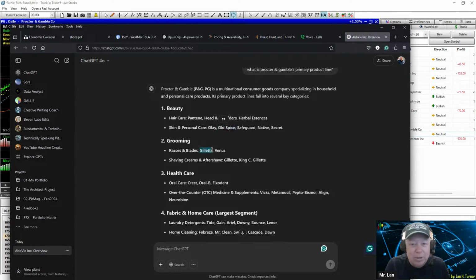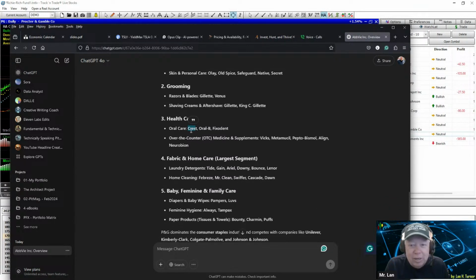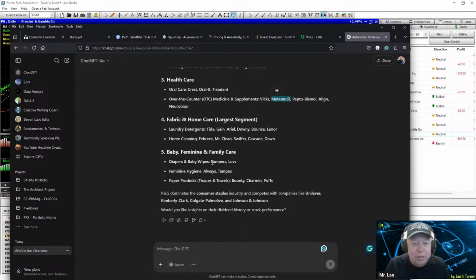Did you know that Procter and Gamble is Gillette? Shaving creams, Gillette, Healthcare, Oral Care, Oral-B, Fixodent, Crest. Now I know Crest is made in the U.S. Over-the-counter medicines and supplies like Vicks, Metamucil, Pepto-Bismol, Align, and I know you guys, you're all drinking Metamucil. I know what our group is.